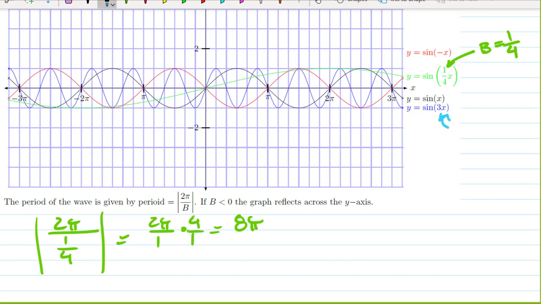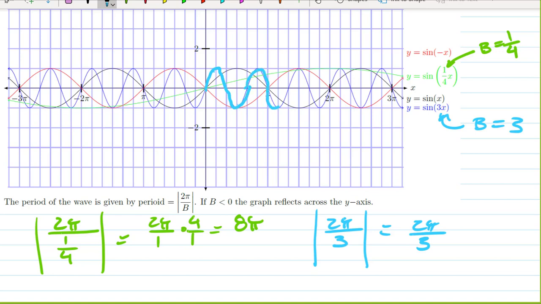If we take a look at this one, our b value is 3. Using the same formula, 2 pi divided by b gives us our period, which is 2 pi over 3, meaning it completes one cycle in 2 pi over 3 units. That's exactly what happened if we look at a trace of our graph. It went up, came back down, and started repeating itself after 2 pi over 3.